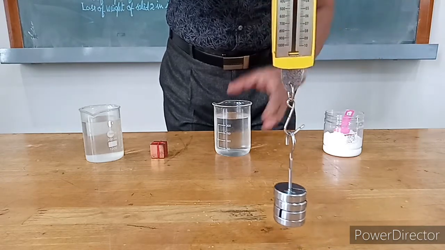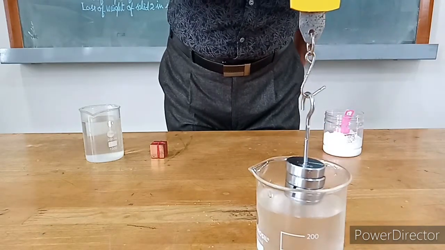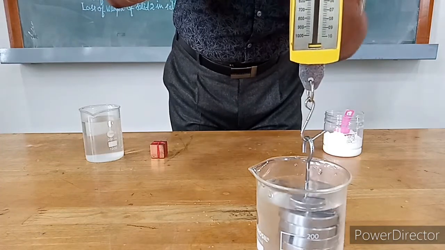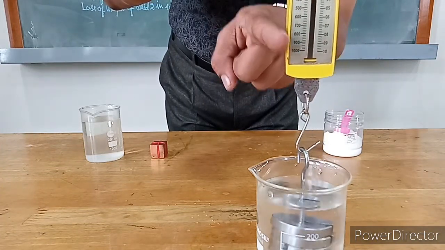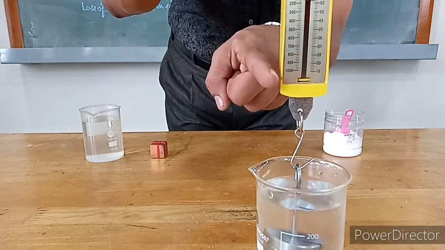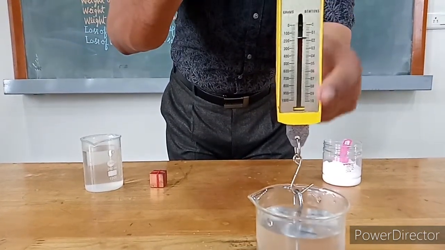This is now immersed inside the first liquid, tap water. Inside the tap water, I find that on the left side the reading is 170 gram weight. So the corresponding reading in Newton is 1.7 Newton.